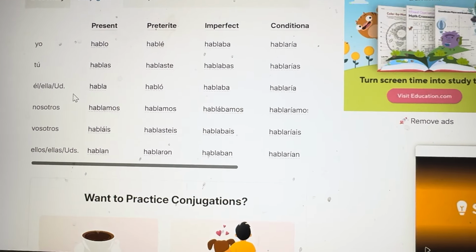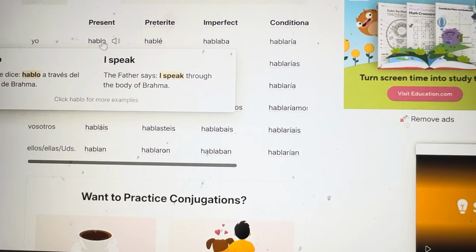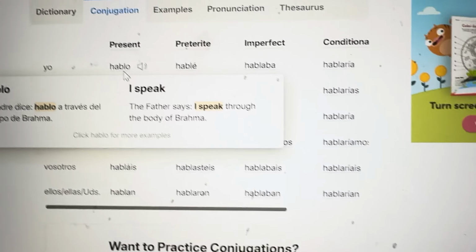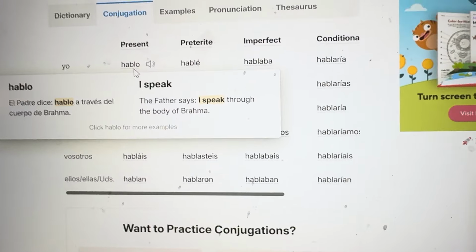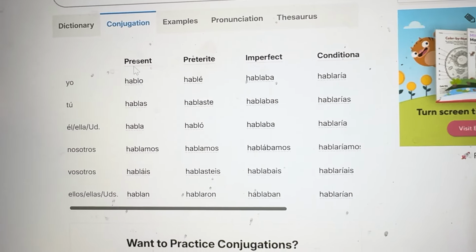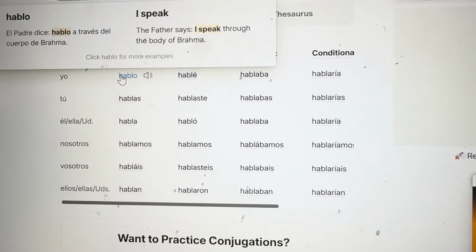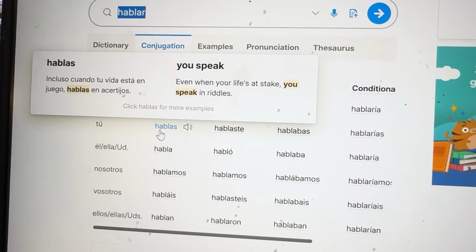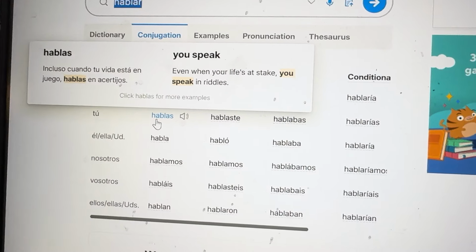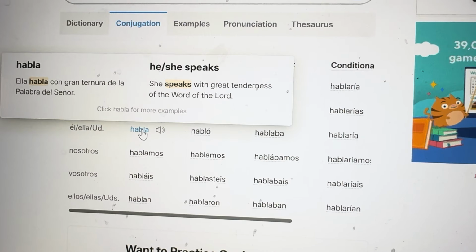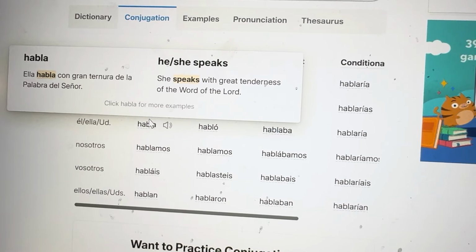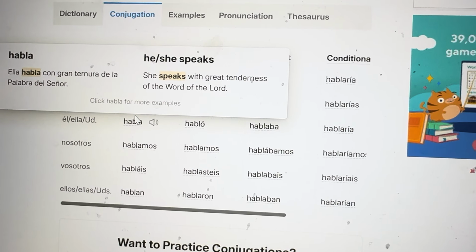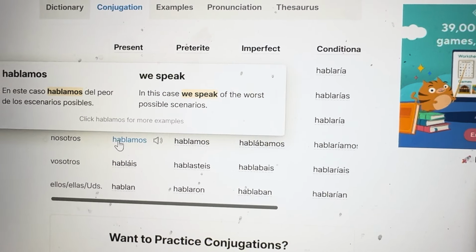Okay, so with every pronoun you change the verb, and this is why it is called a conjugation. You have to follow a conjugation here. In English this does not happen: I speak and you speak, the word speak does not change, whereas for he, she speaks, only the third person changes to speaks, otherwise it's all speak.